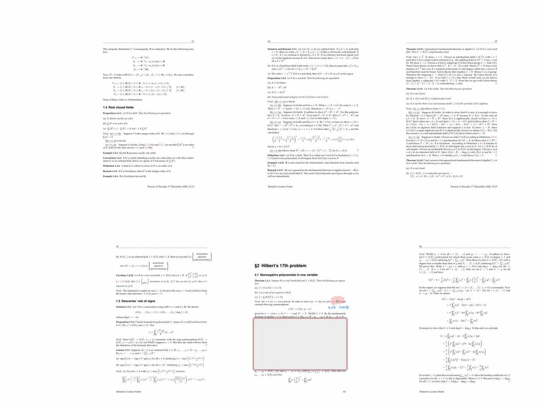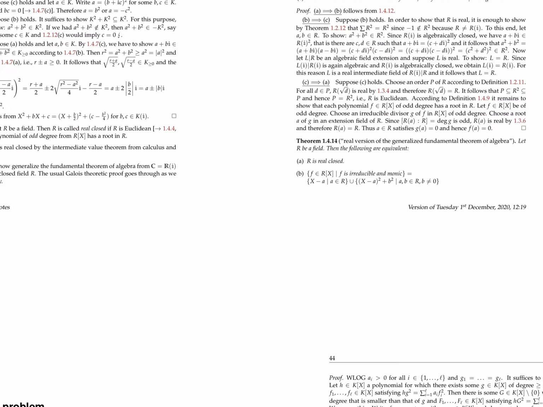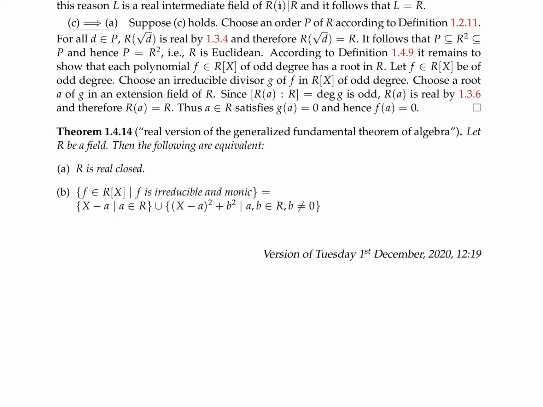I know that the irreducible monic polynomials in R[x] are of the form x minus a, where a is in R, and certain quadratic polynomials, (x minus a) squared plus b squared, where b is non-zero, right? Of course, you see that these don't have a zero in R, whereas these obviously have one, right?